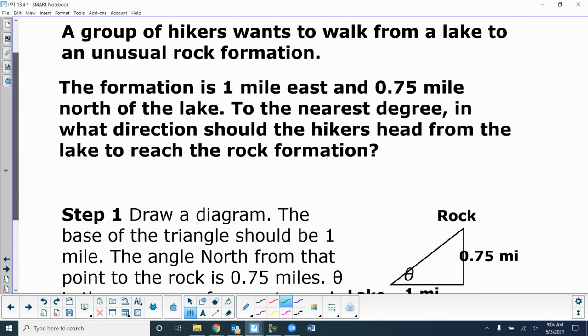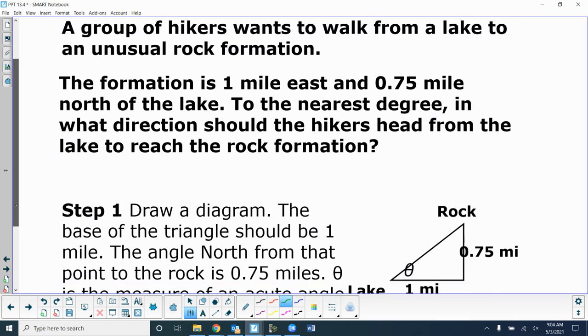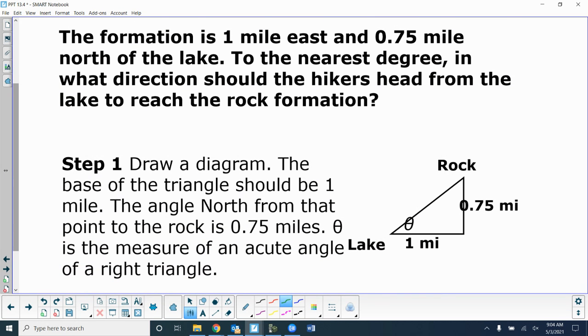So we got a group of hikers who want to walk from a lake to an unusual rock formation. The formation is 1 mile east and 3/4 of a mile north of the lake. To the nearest degree, what direction should the hikers head from the lake to reach the rock formation? So they had to go 1 mile this way and 3/4 that way.